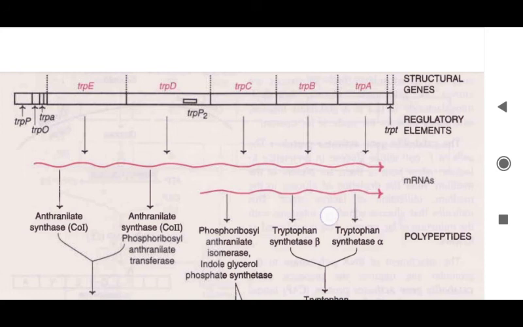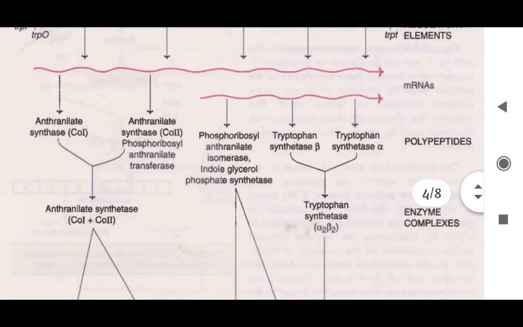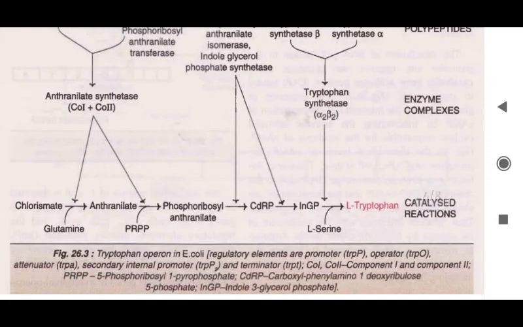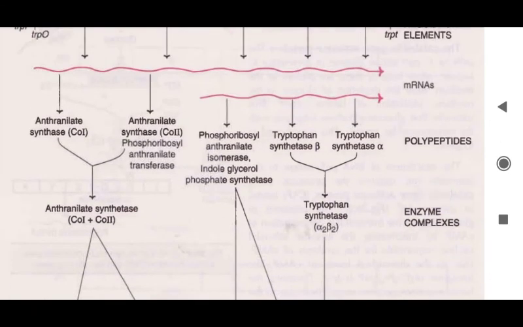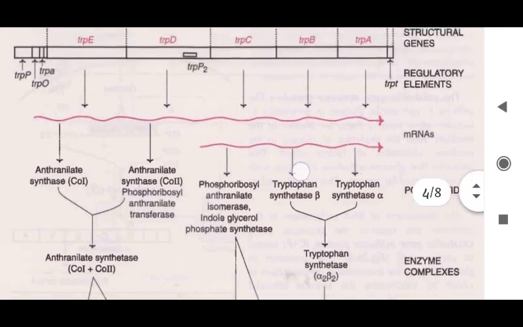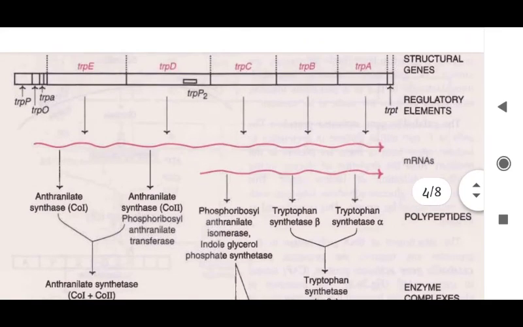The two subunits combine to form tryptophan synthetase alpha 2 beta 2, and with the help of serine, it combines with the phosphoribosyl anthranilate isomerase and indole glycerol phosphate synthetase, which are the two domains of the TRPC, to form tryptophan.